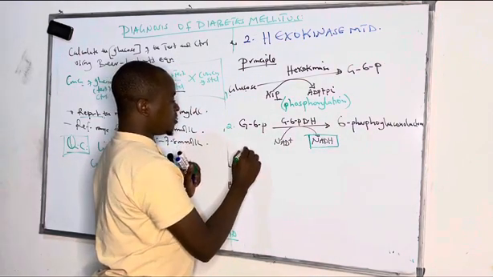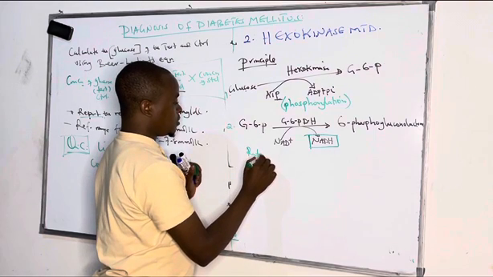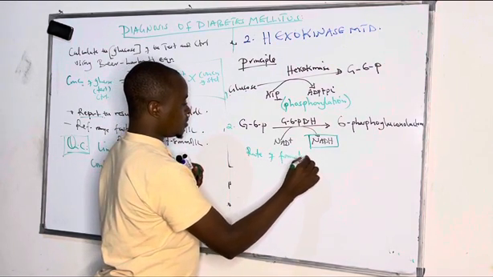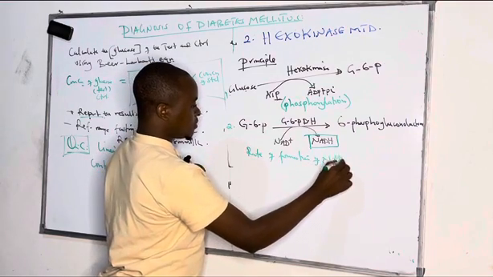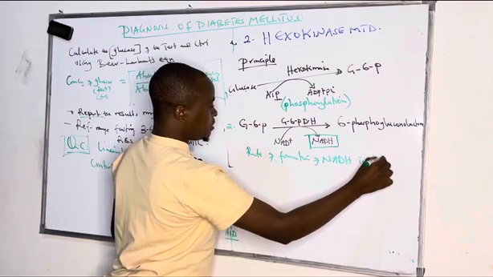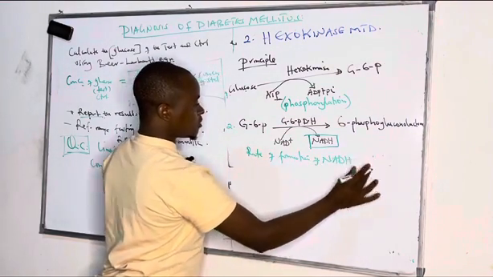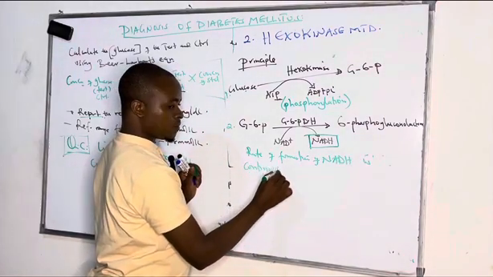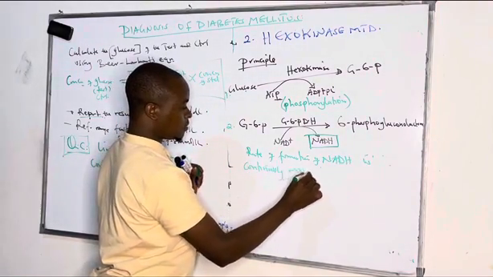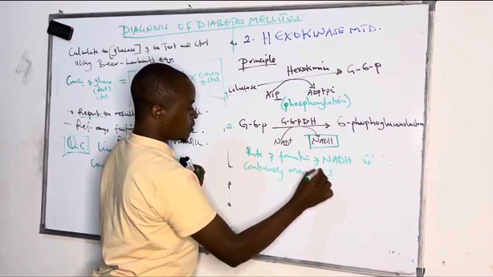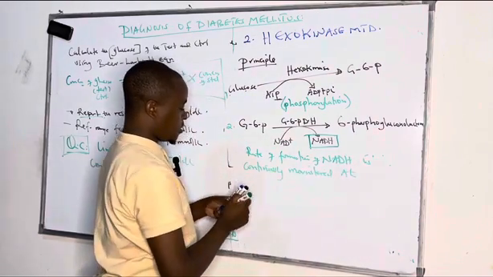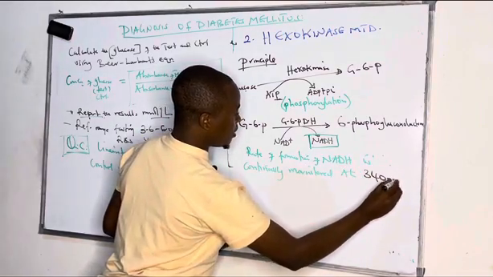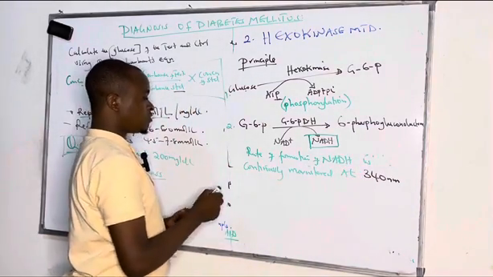The rate of formation of NADH is determined, or it is continuously monitored at 340 nanometer wavelength spectrophotometrically.